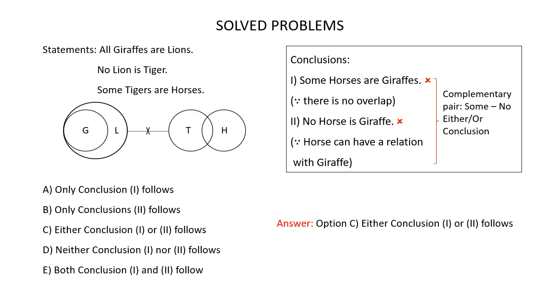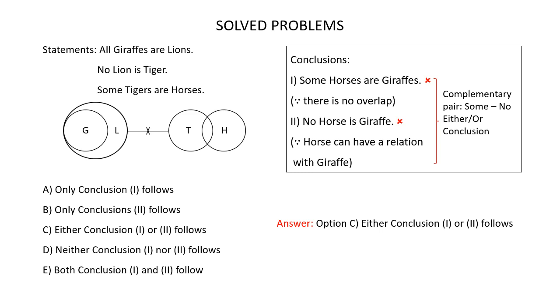But before you mark option D as the answer, that neither conclusion 1 nor 2 follows, just check if conclusion 1 and conclusion 2 are complementary pairs. Now, as you can see here, conclusion 1 is wrong, conclusion 2 is wrong.